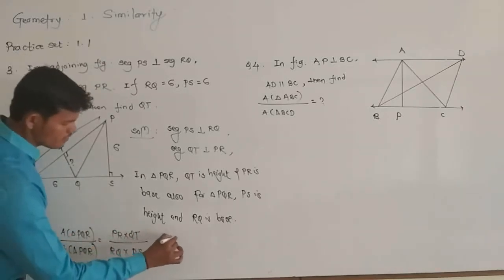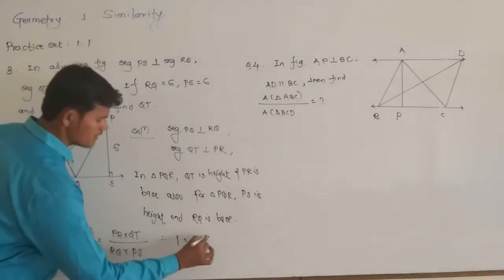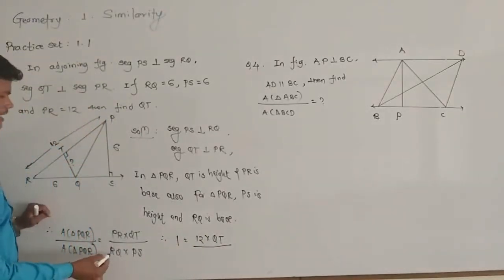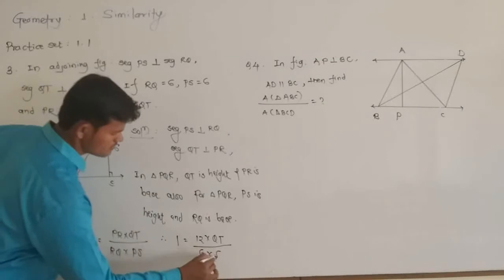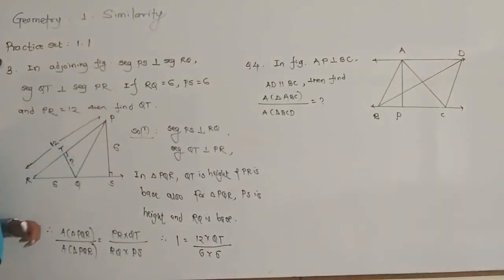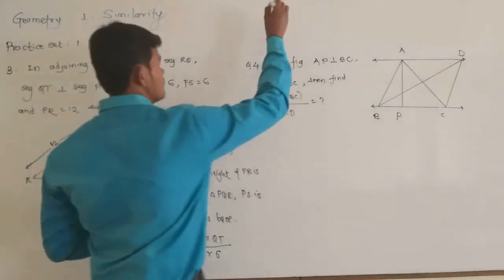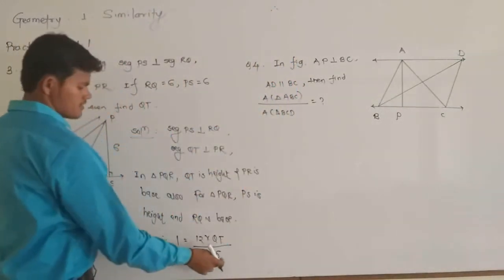So we get 1 is equal to length of PR is 12, length of QT to be found, as it is, divided by length of RQ is 6 and length of PS is also 6. Now we have to find the length of QT. So 6 sixes are 36.